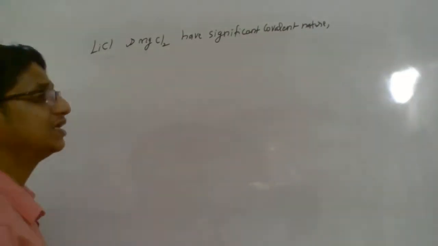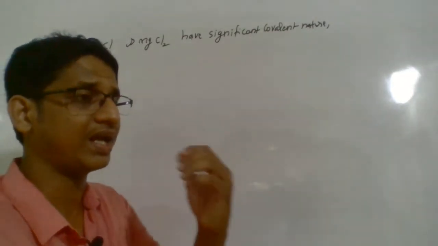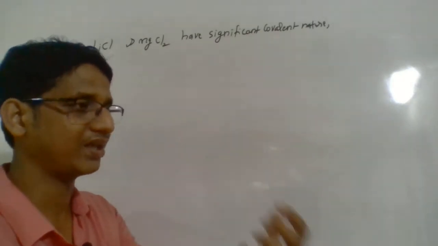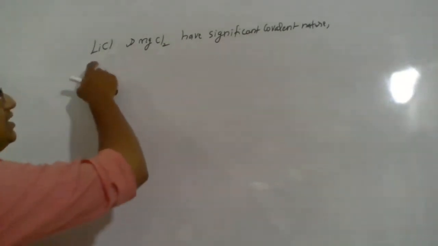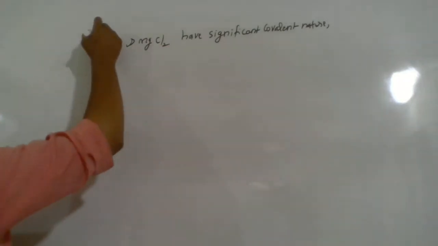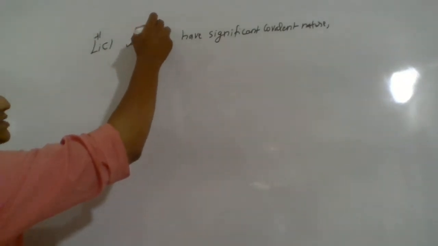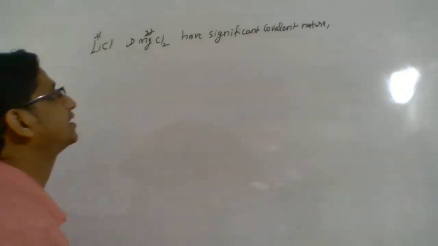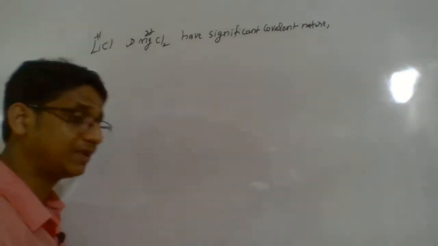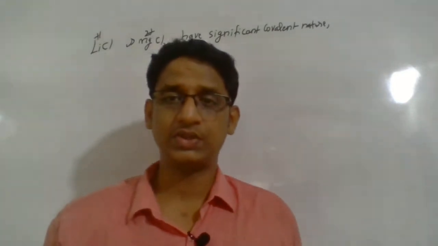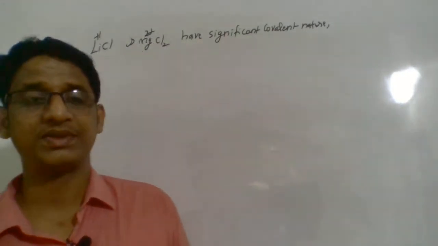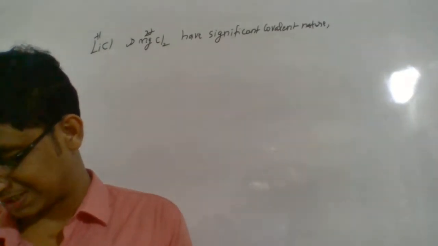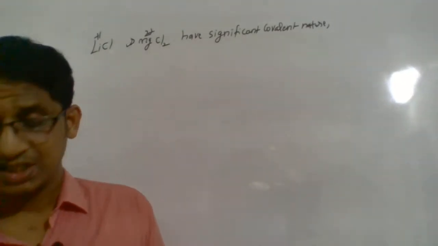That's simply because the smaller the size of the cation, the higher the covalent nature, and the higher the charge of the cation, the higher the covalent nature. Lithium has a very small size, magnesium also has a small size and higher charge. So these factors contribute to their covalent behavior. And if they are covalent, they tend to dissolve in organic solvents like ethanol. So that's another similarity in property that you can remember.